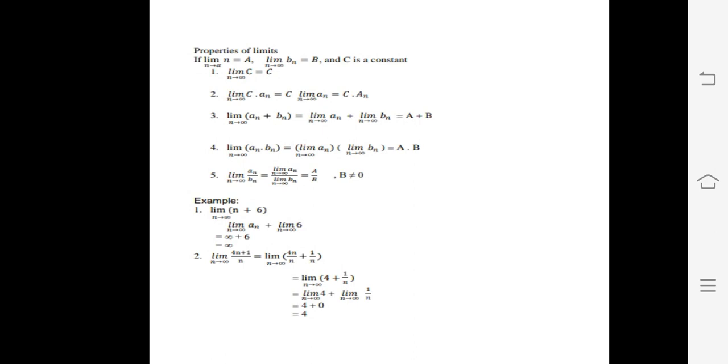For example, the limit of the quantity n plus 6 as n approaches infinity. So the limit of n plus the limit of 6, and n approaches infinity. So we have infinity plus 6 is equal to infinity.